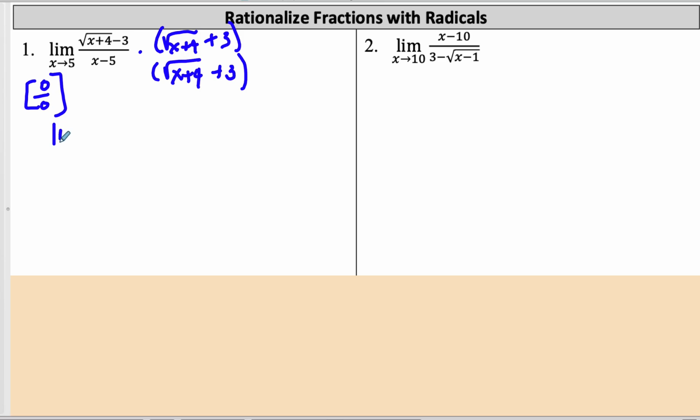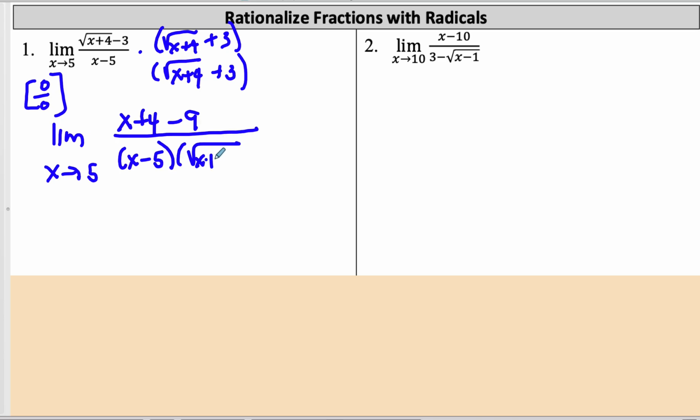So now I have the limit as x approaches 5, and the numerator will now be x plus 4 minus 3 squared, which is 9, all over x minus 5 times the square root of x plus 4 plus 3.